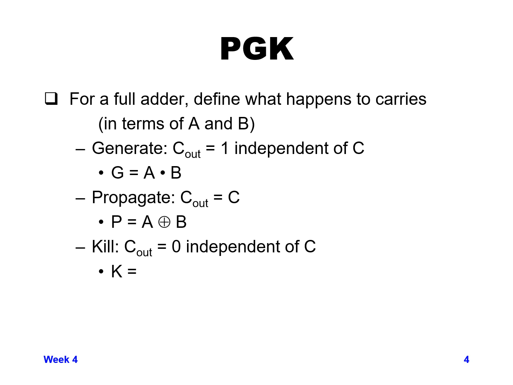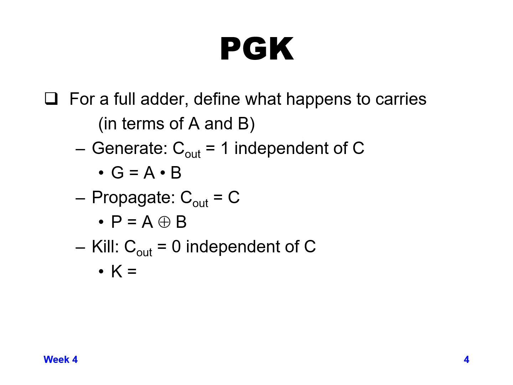So if A XOR B, so if one of them is a 1, then we know we have this propagate value that's going to be a 1, and we need to wait for carry in to come in to determine whether carry in gets propagated through.